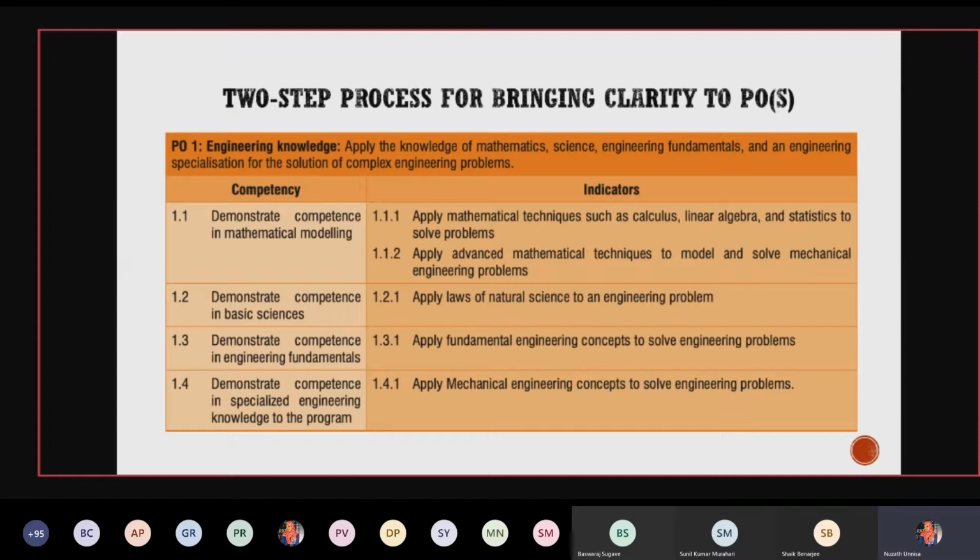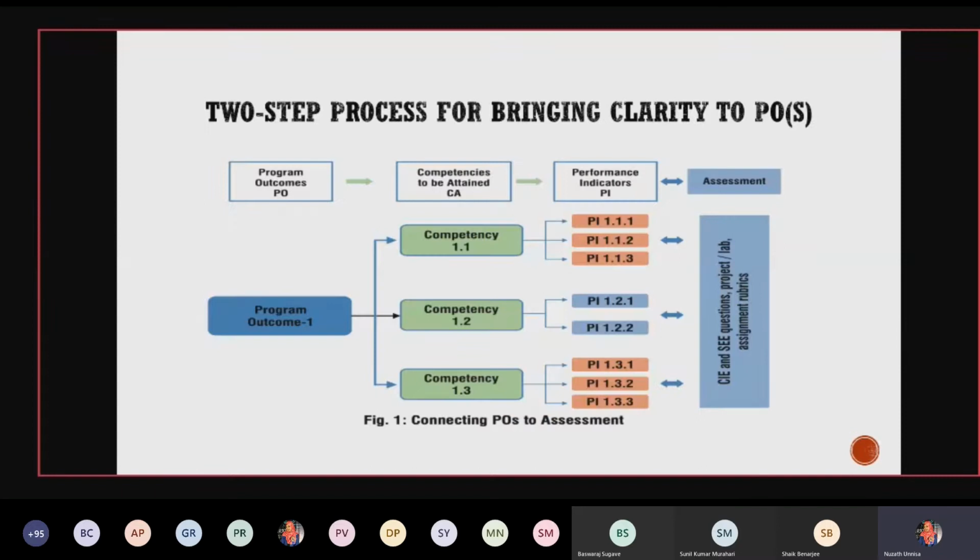We can't just say program outcome and directly map the course outcome with the program outcome. We have to list out the competencies in this way, and then the key indicators, which are your performance indicators, and then relate them with the course outcomes. So here is the block diagram, which explains the same.